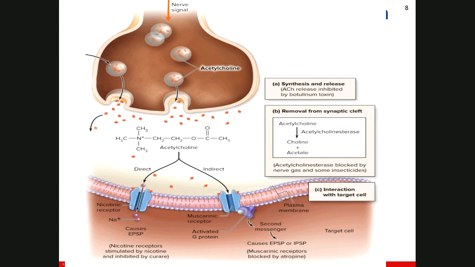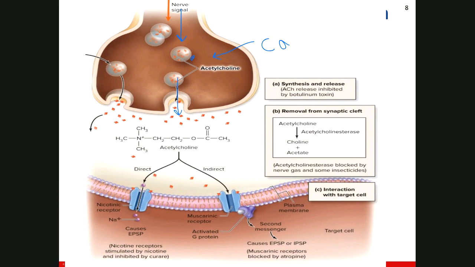Here you can see the function of acetylcholine. As you see here, the nerve signal can come to the end of our axon knob. It helps the calcium ion to come inside the cell and then attach to the vesicles which contain neurotransmitter, and the acetylcholine undergoes exocytosis and comes to the synaptic cleft.